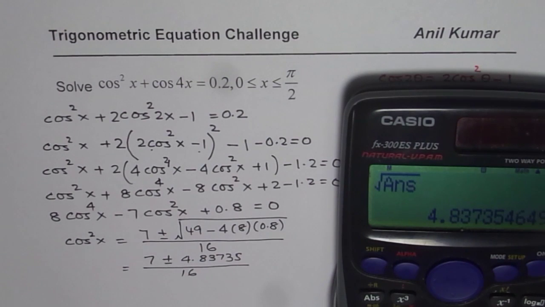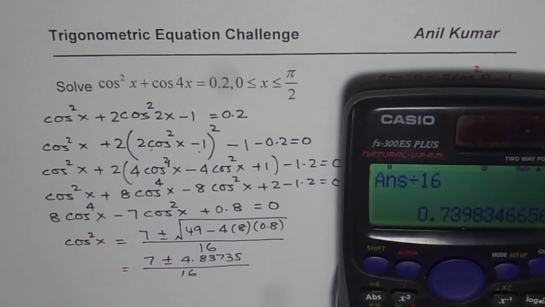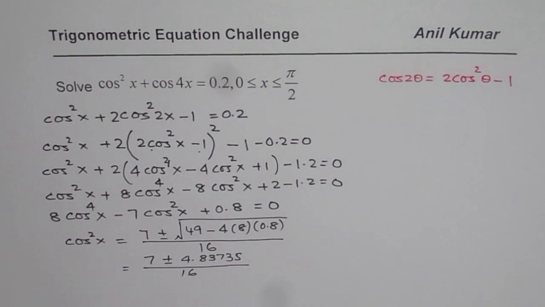Now there are two values for cos square x. So we get 7 plus 4.83735, divided by 16, which equals 0.7398.